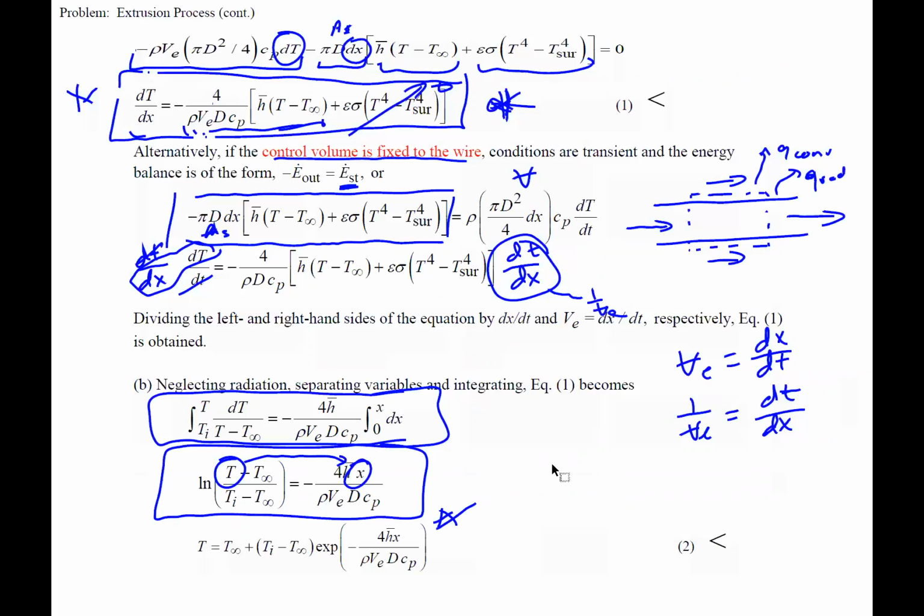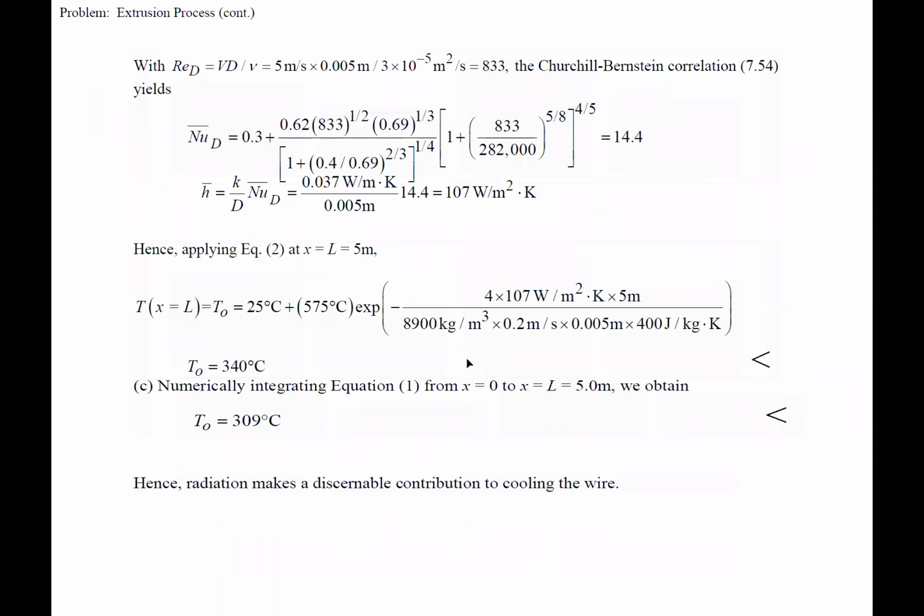The only thing we see is we have all these properties, but we don't have the convection coefficient. So now we're doing the new part of chapter 7, and that's getting our convection coefficient.